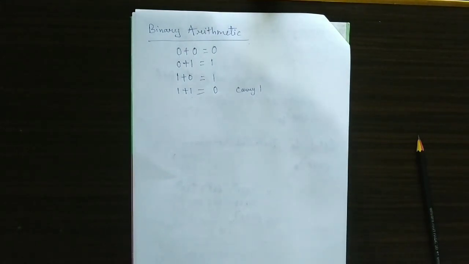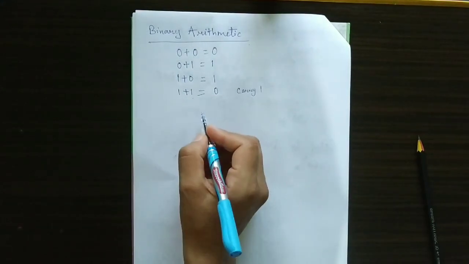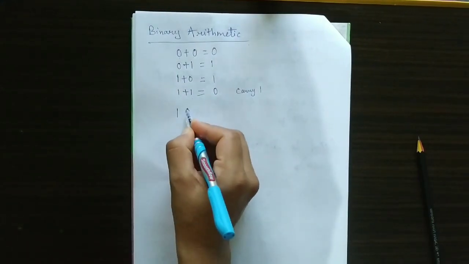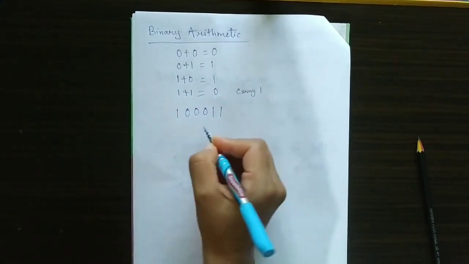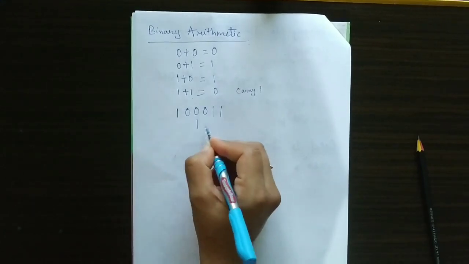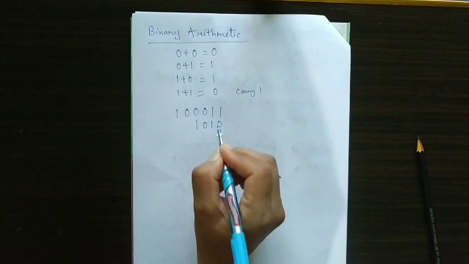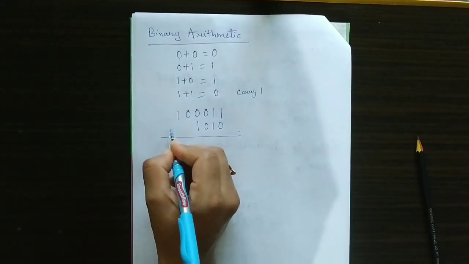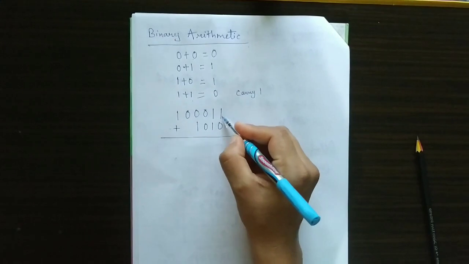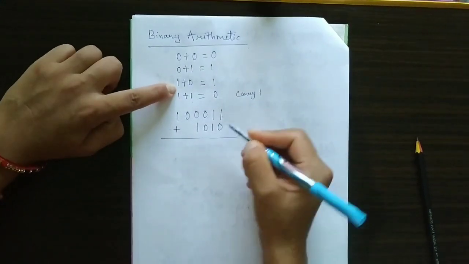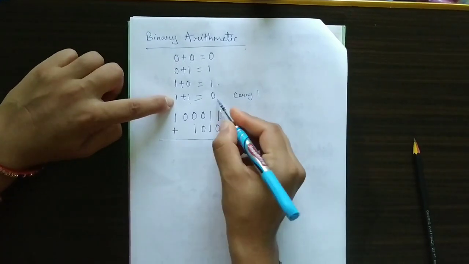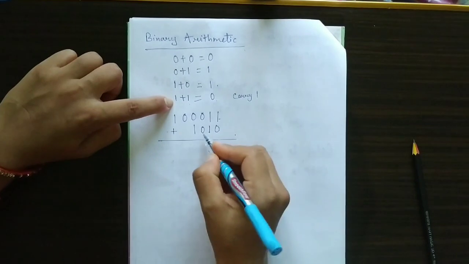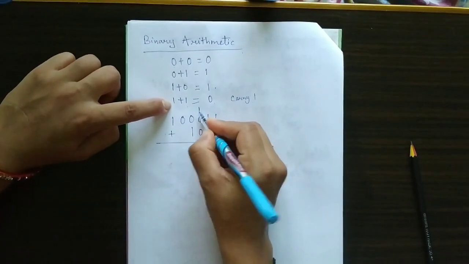For example, I am going to add two numbers, 1 0 0 0 1 1 with 1 0 1 0. 1 plus 0 is 1. 1 plus 1 is 0 and 1 carry.